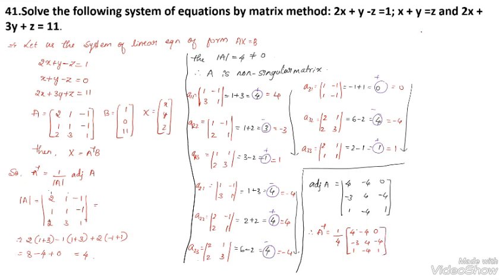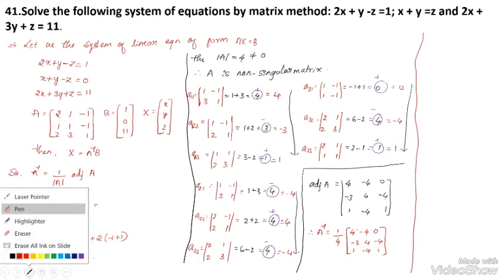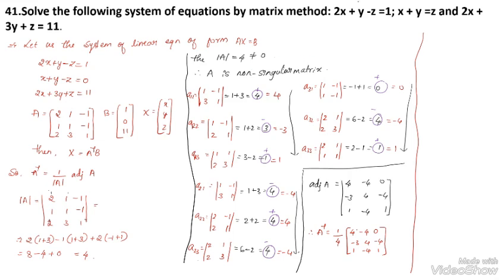But we want to find the values of x. I can find it here: x is equal to A inverse into B. What is the value of A inverse? 1 by 4 I am taking here, then 4, minus 4, 0, minus 3, 4, minus 4, 1.